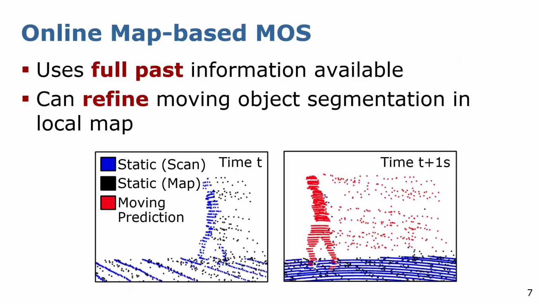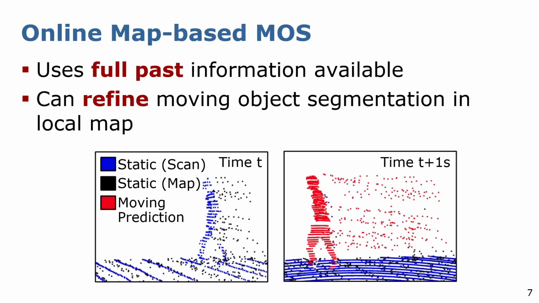What is the advantage of having such a map-based MOS? So now we use the full past information we have available, which usually leads to better results, as can be shown later. And we can now refine the segmentation because of our predictions for the local map. So below, you see an example.